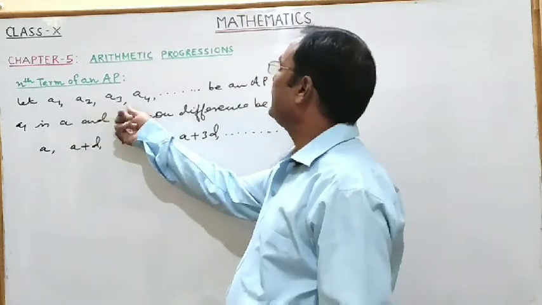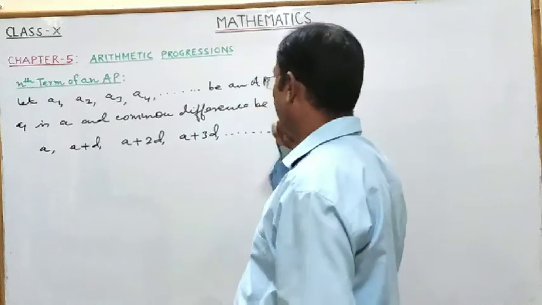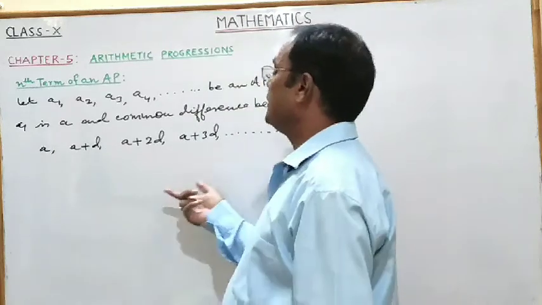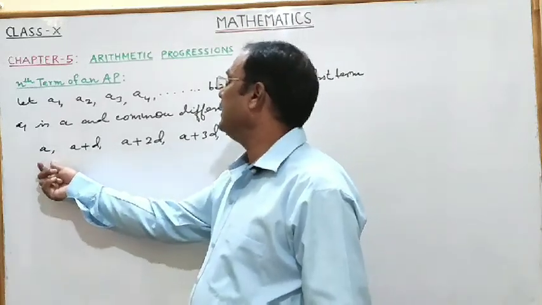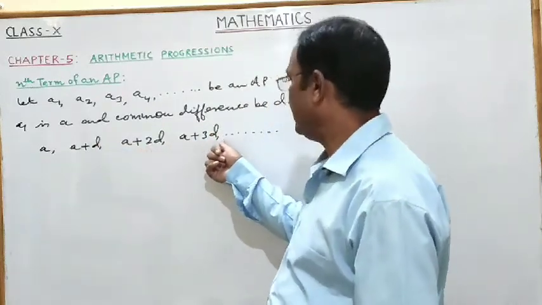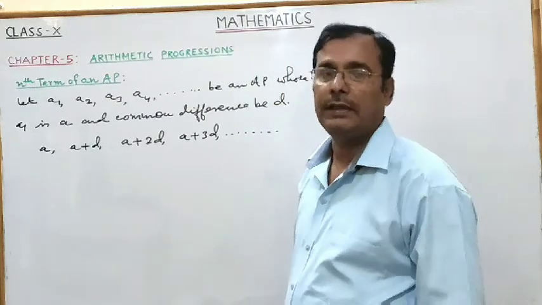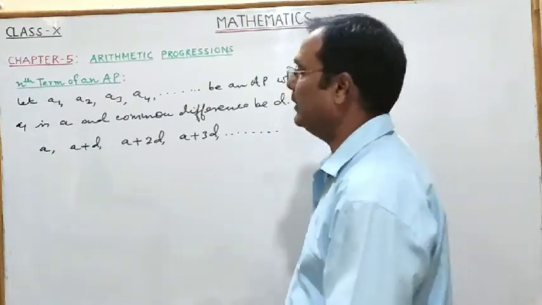A1, A2, A3, A4 and so on is an AP which is written in general form as A, A plus D, A plus 2D, A plus 3D and so on in terms of first term A and common difference D.